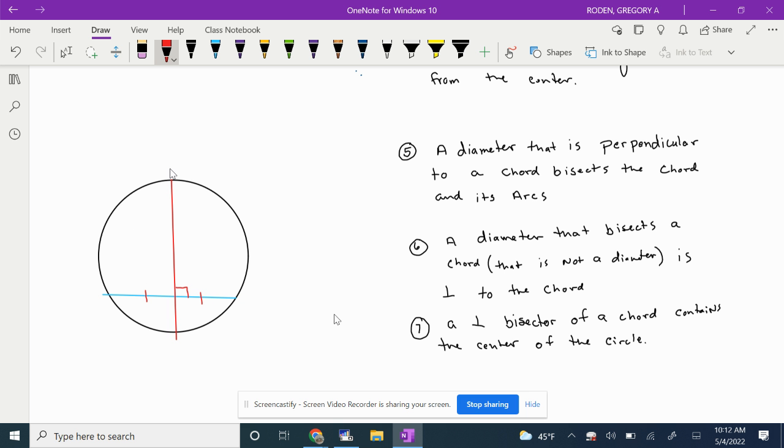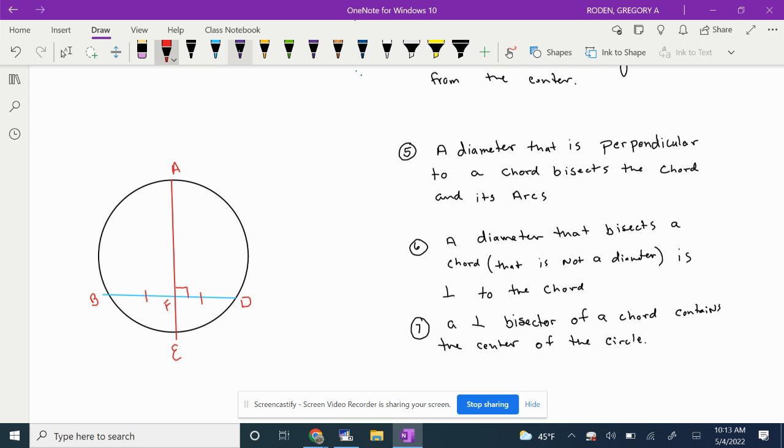So let me give some letters here. So we could say this is A, B, D, E, and F. Okay? So what is Theorem 7 saying? The center point has to be on chord AE.